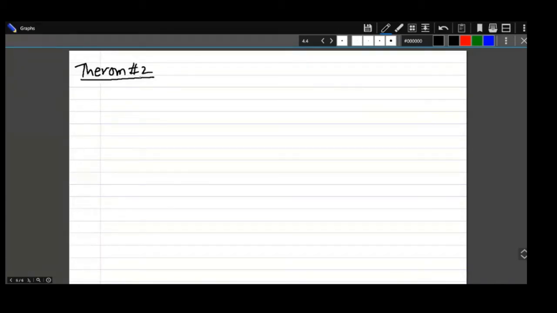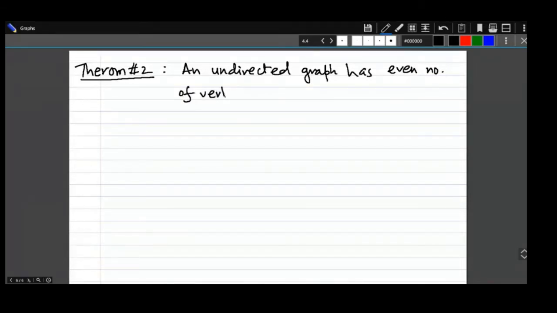Okay, and the theorem states, and this is very interesting: an undirected graph has an even number of vertices with odd degrees.